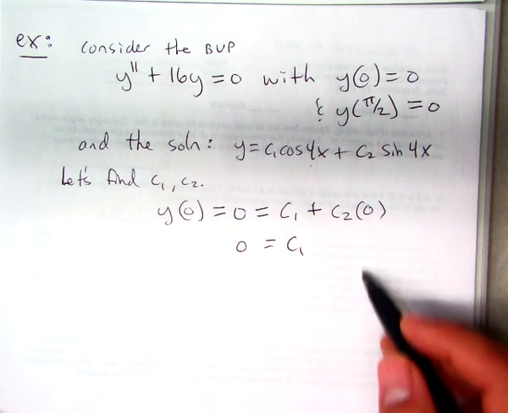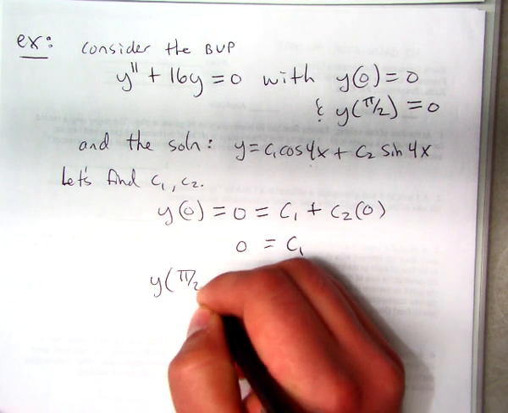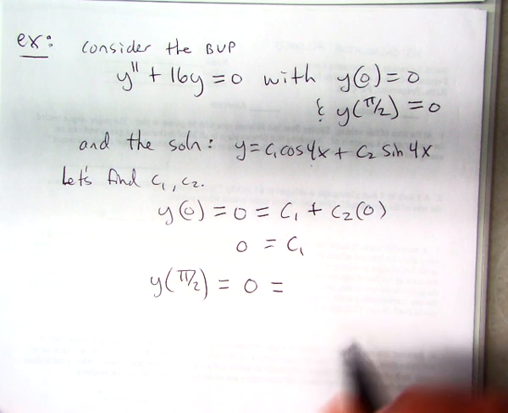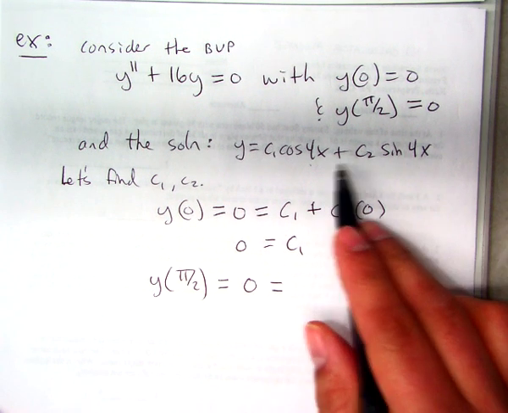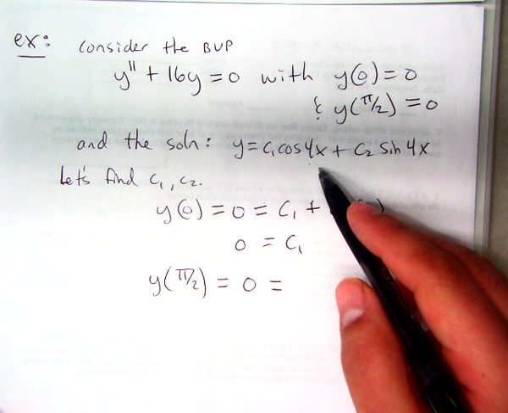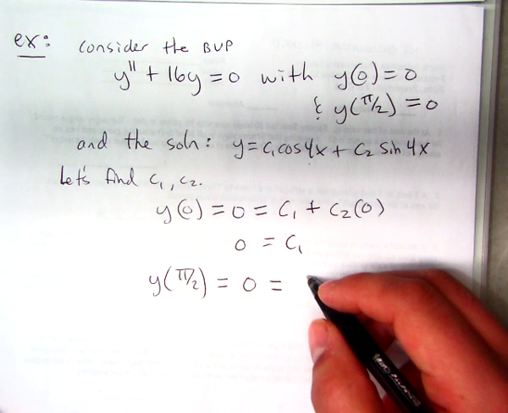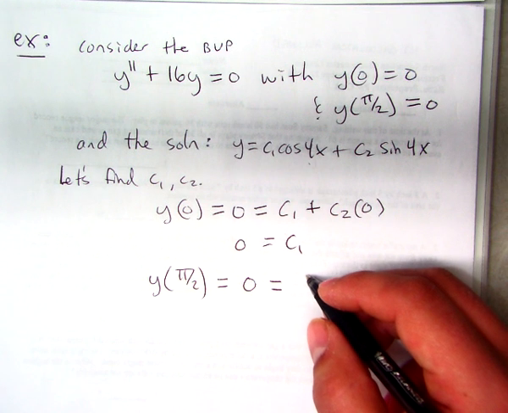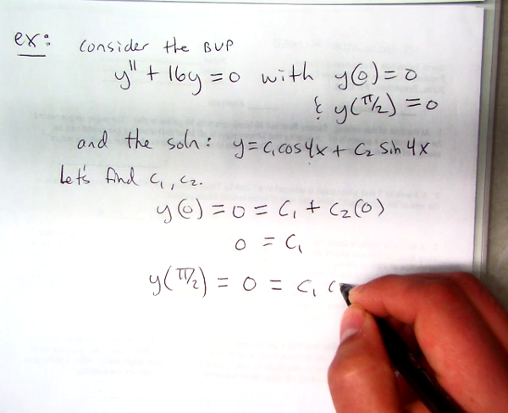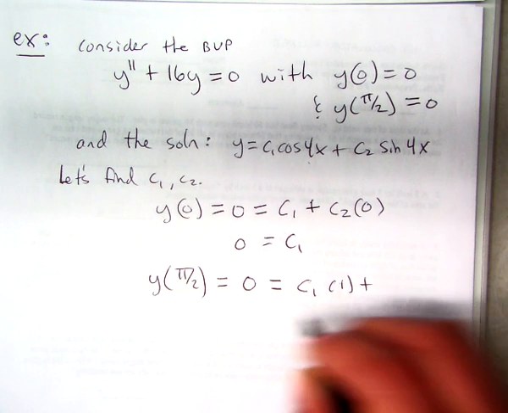So now if we try to find C2, we would try to plug in pi over 2. And that has to equal 0. And if I plug pi over 2 into the inputs, we get cosine of 2 pi, which is 1.